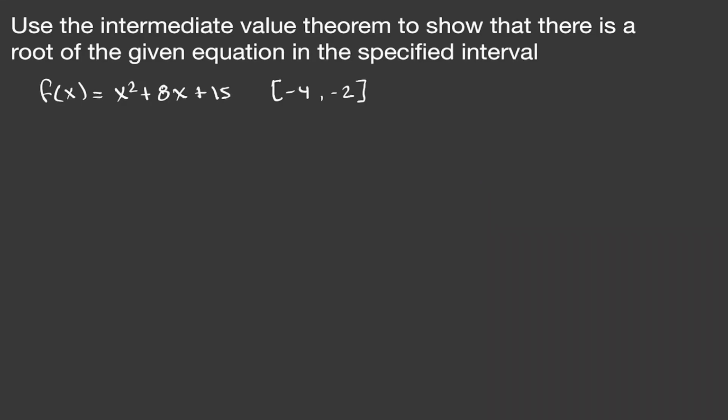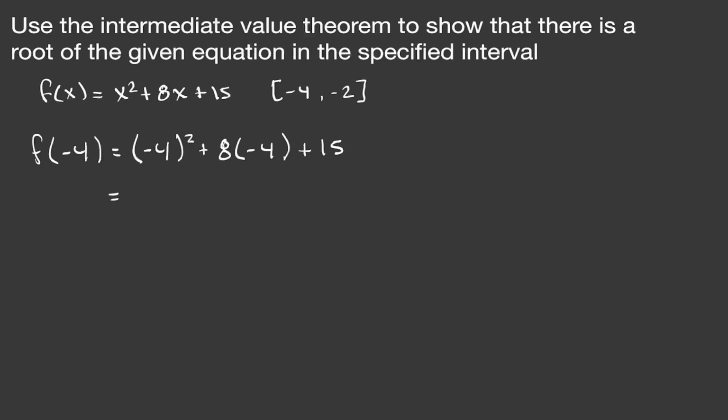The first thing to do is plug in my interval values and see if I get negative and positive values to the left and to the right of my interval. That would indicate that I have a root between them. So I'm going to first plug in -4. f of -4 means plugging in -4 every time I see an x: -4 squared plus 8 times -4 plus 15.